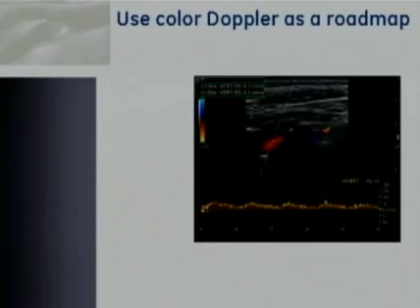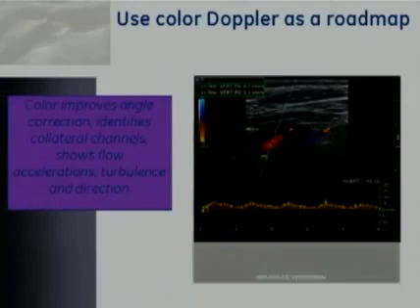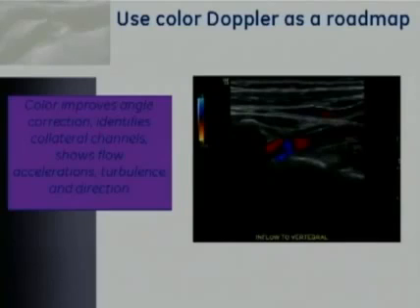Whenever I see a waveform like this, I know that it's indicative of disease proximal to the point that I'm sampling. So I'll look proximal, and when I look at the proximal vertebral, there's actually no flow, but with color Doppler, I can actually see inflow to the vertebral that's reconstituting it.